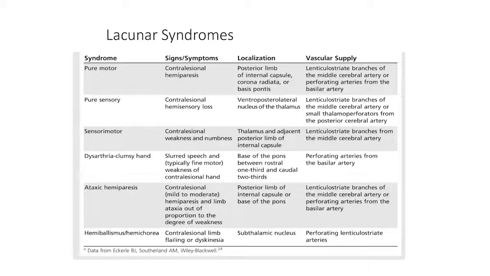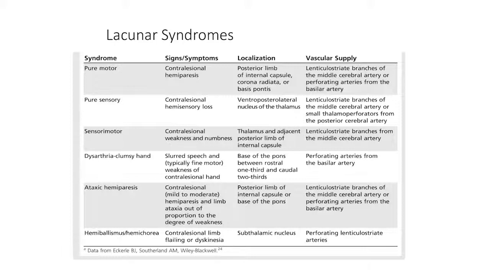Some of them come with ataxic hemiparesis, which is contralateral hemiparesis and limb ataxia out of proportion to the degree of weakness. And again, it's the posterior limb of the internal capsule or the base of the pons. The hemiballismus or hemichorea is a contralesional limb flailing or dyskinesia, and it's in the subthalamic nucleus, again the perforating lenticulostriate arteries.